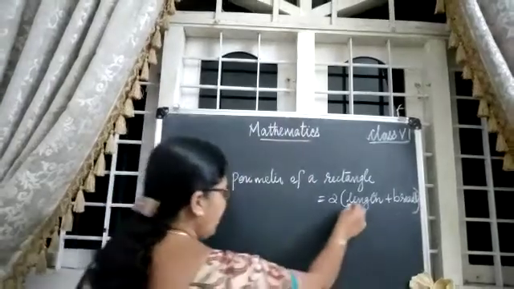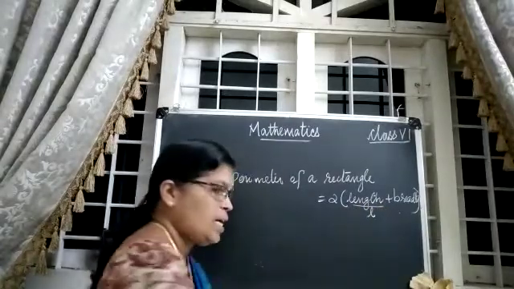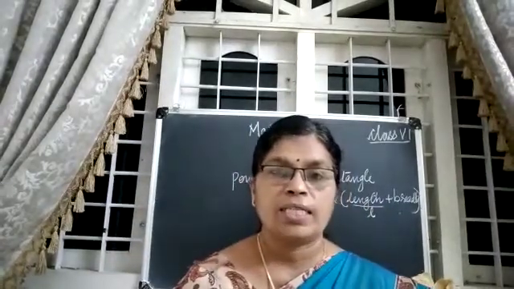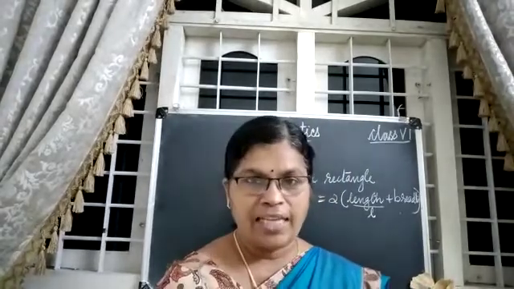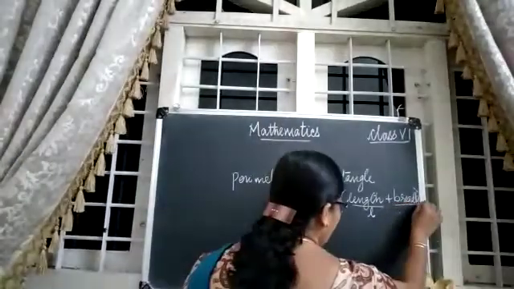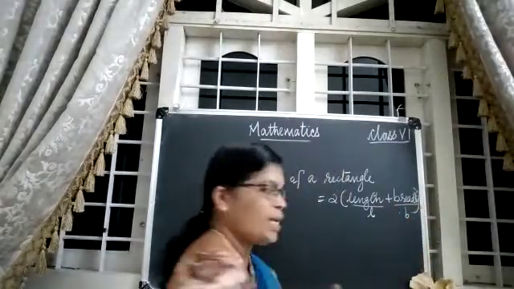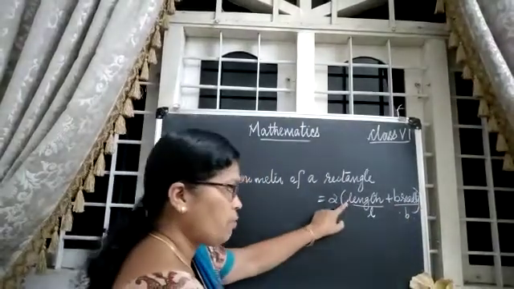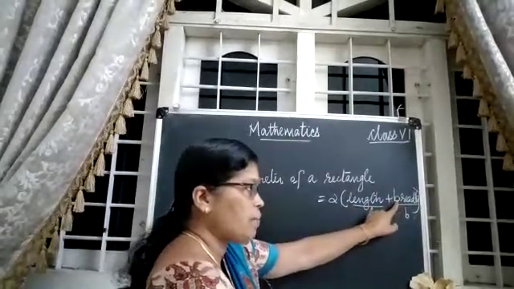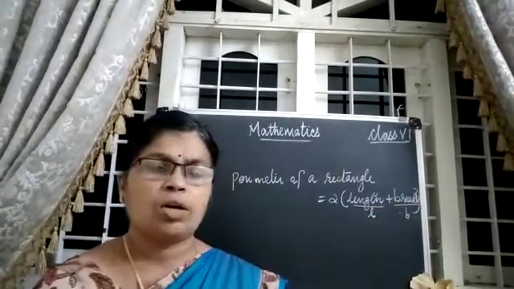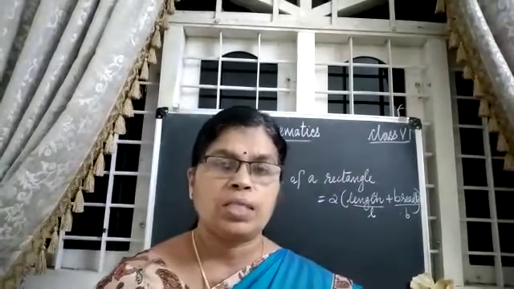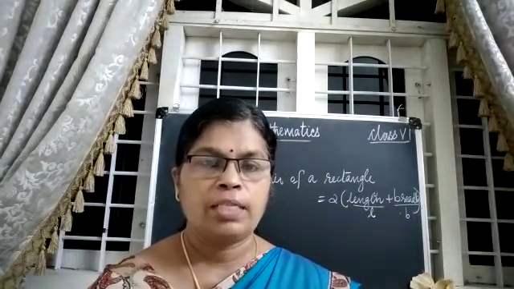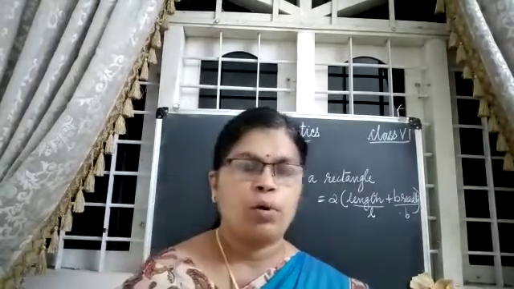Instead of writing length, L-E-N-G-T-H, we can write L only. When we see the letter L, we should understand it is the length of that rectangle, right? Then instead of breadth, we can write the first alphabet, that is B. So instead of writing length and breadth, let us use the letters L and B. So how will you write this formula?